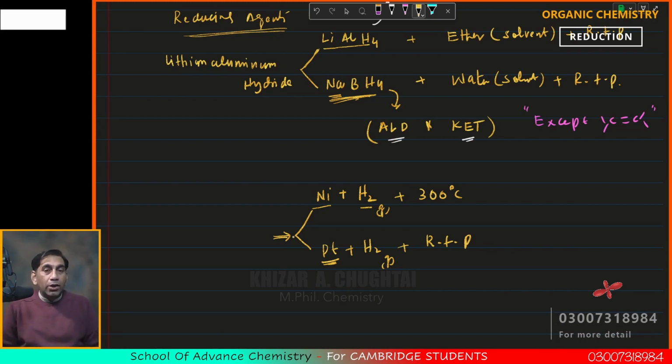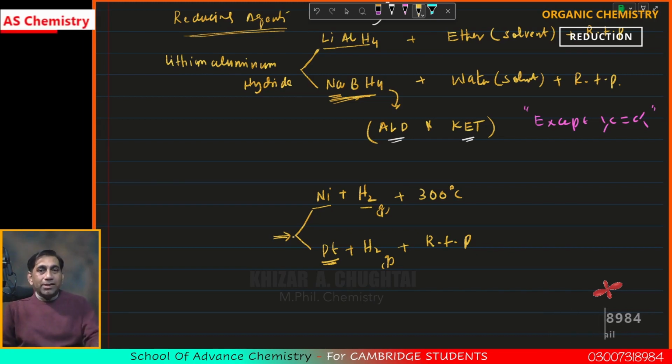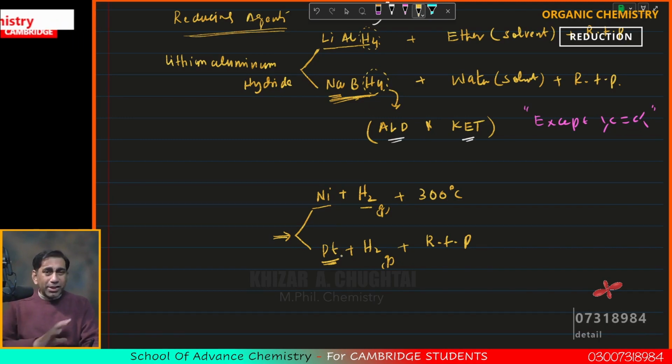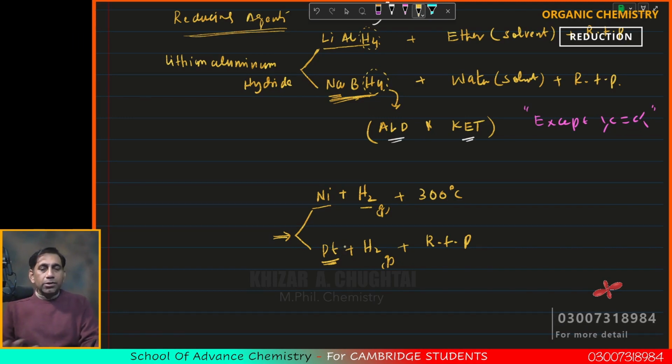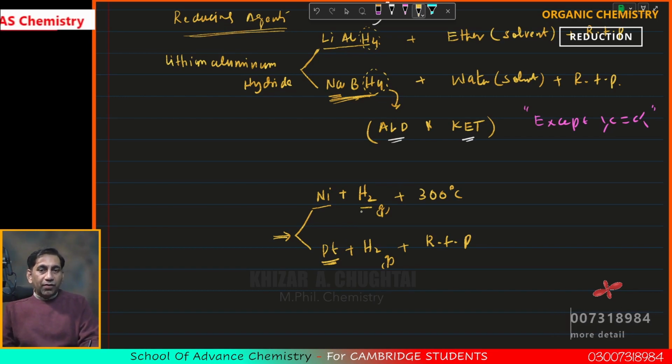There is no hydrogen source here. Here is the hydrogen source: lithium aluminum hydrides are losing hydrogen, especially they are losing the H negative ion. So there is a source of hydrogen and no need to add hydrogen, but nickel and platinum are just acting as catalysts. They do not have any hydrogen source, so we will have to add additional hydrogen.